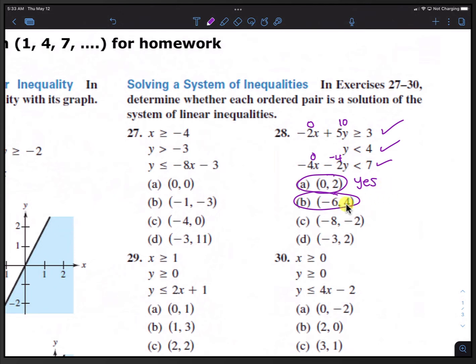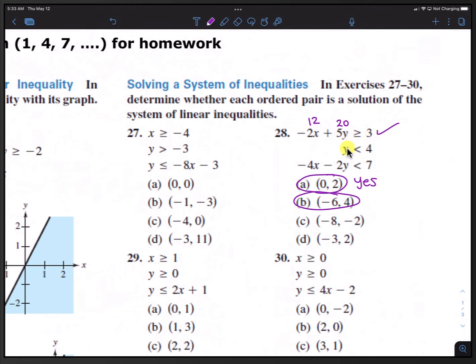Negative 6, 4. All right, so let's plug in negative 6 for x. So that makes that 12. Plugging in 4 for y makes that 20. And 12 plus 20 is 32, which is greater than 3. That's yes.